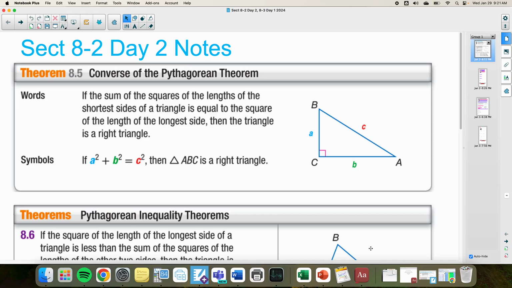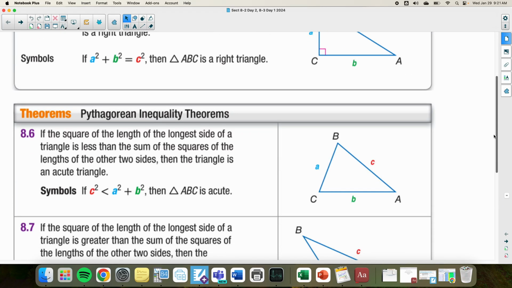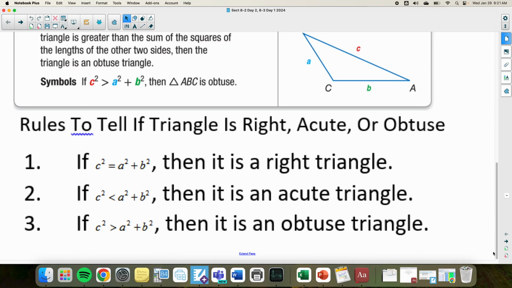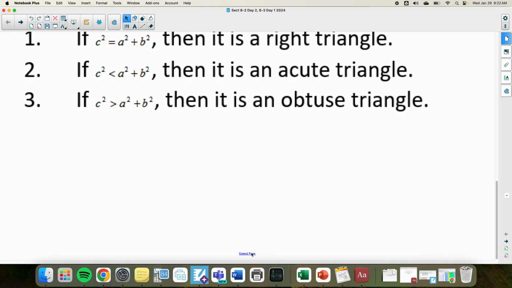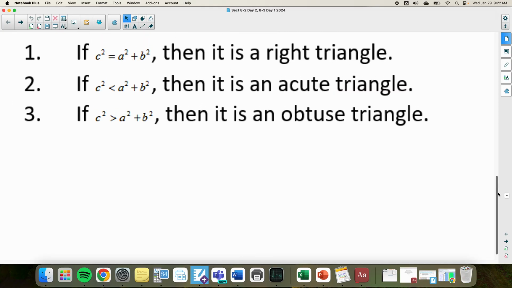Okay, so we are going to finish up what I was teaching yesterday in section 8.2 today, and then we're going to start 8.3. And we're going to go all the way down here to these rules. These rules are on your cheat sheet, so you don't have to memorize them.